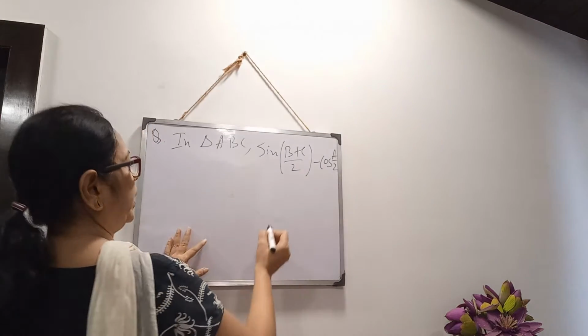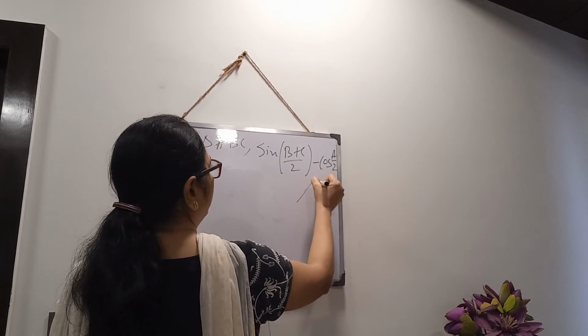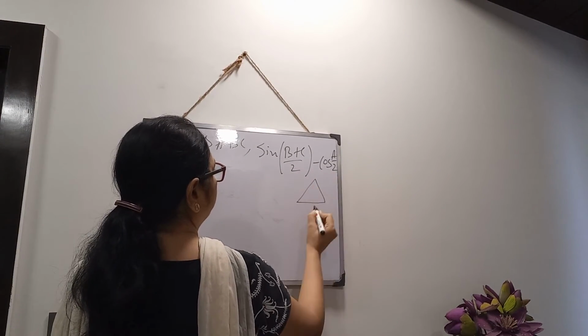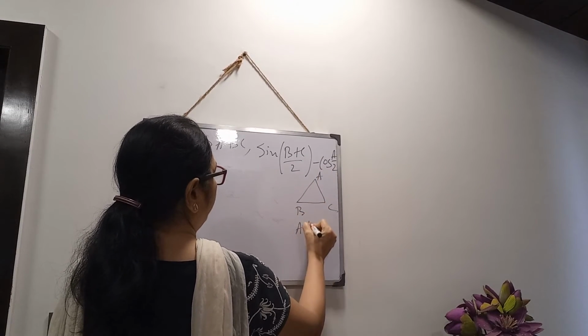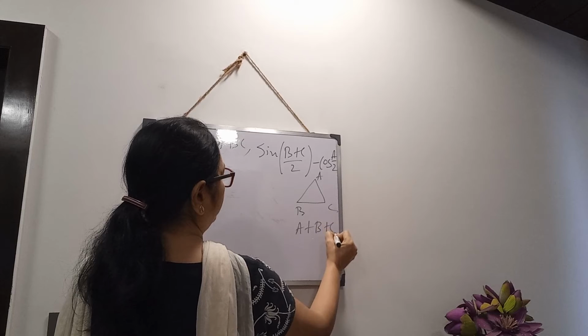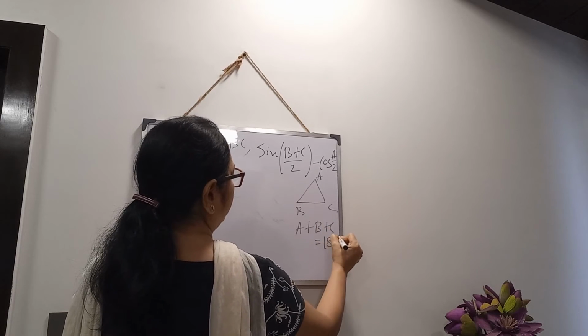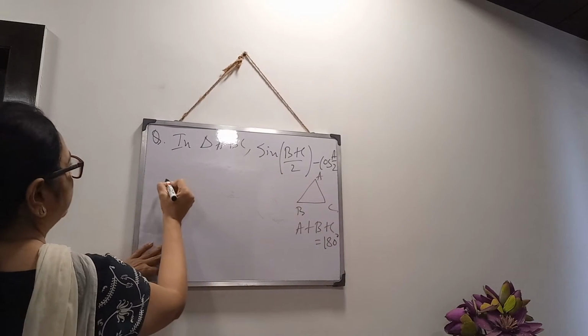Clear? So in any triangle, we know the sum of three angles is 180 degree. Suppose this is the triangle ABC. We know angles A plus B plus C equals 180 degree. Clear? Now I'll apply that.